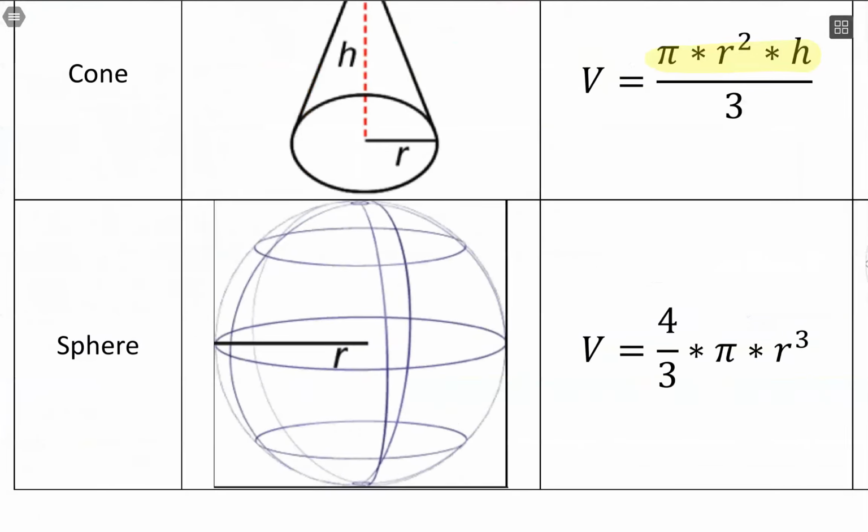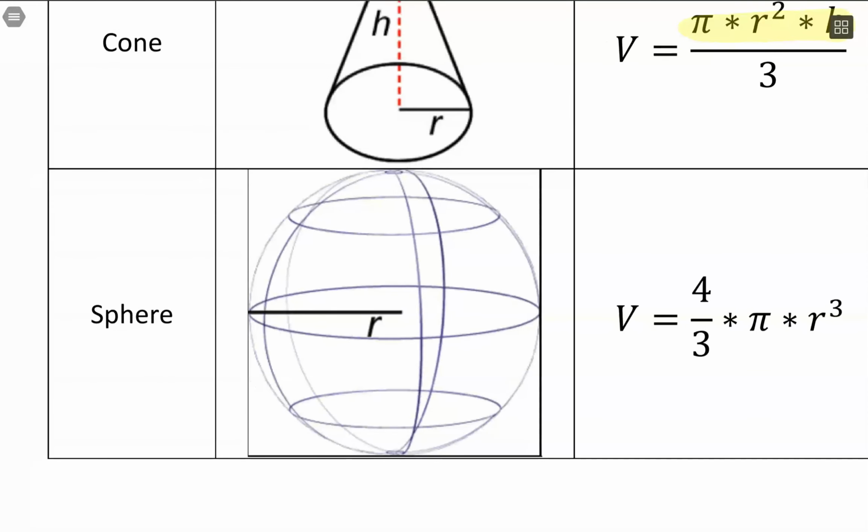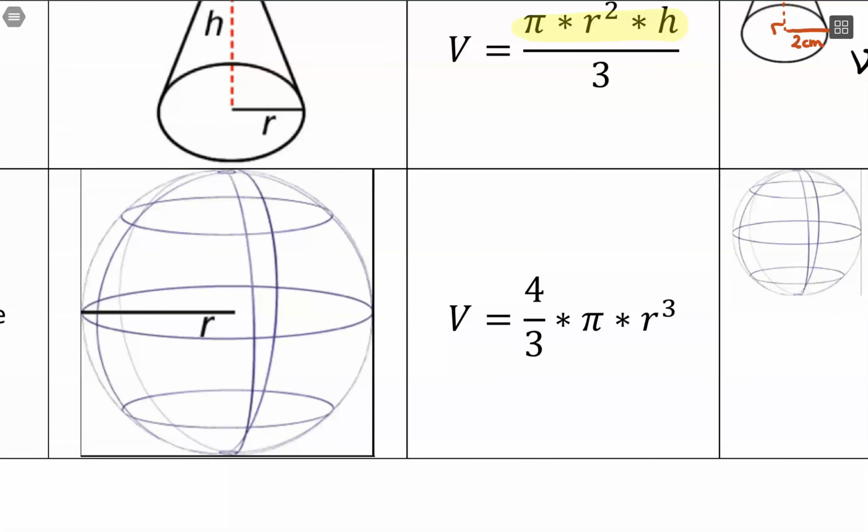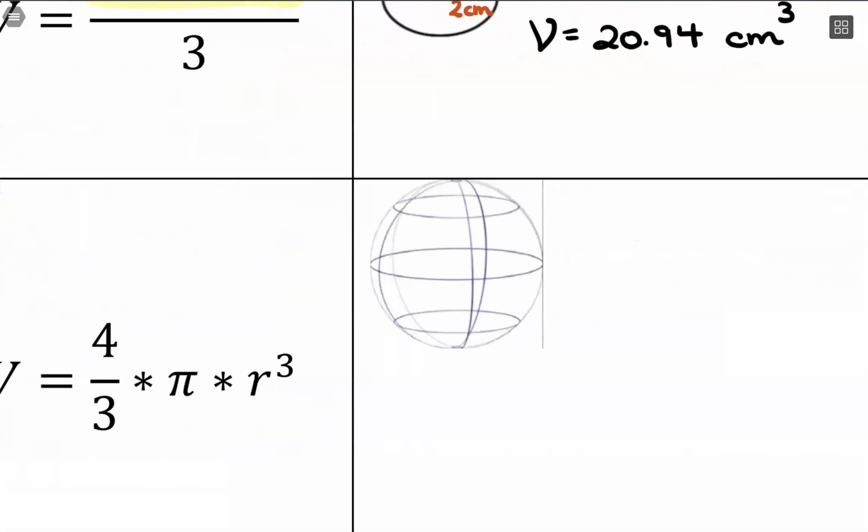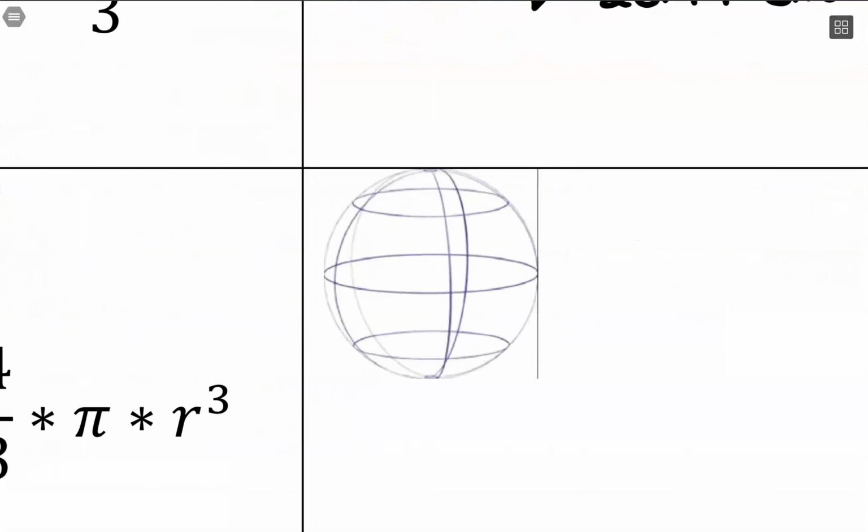And then our last one here is a sphere. So with a sphere, all you need is a radius for measurement, and the rest can be done with this formula right here. So you're going to have 4/3 times pi times whatever the radius is cubed. So let's look at an example here, and let's make that radius 3. Let's say that radius is 3 meters.